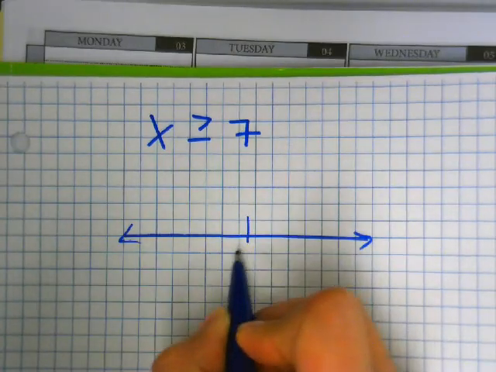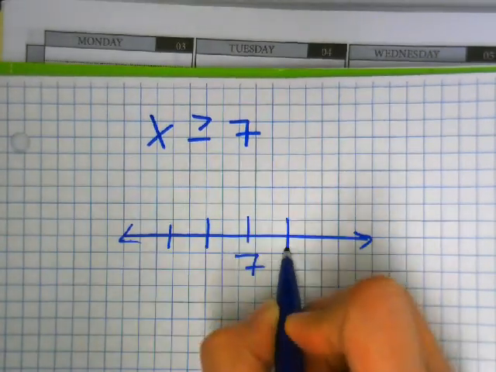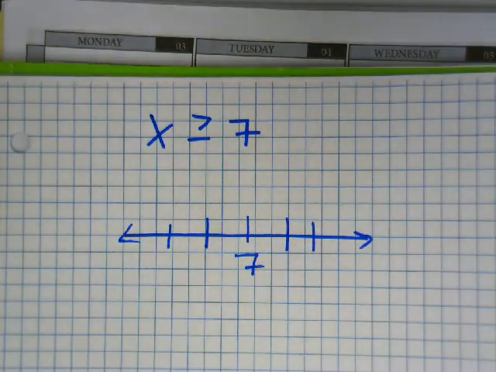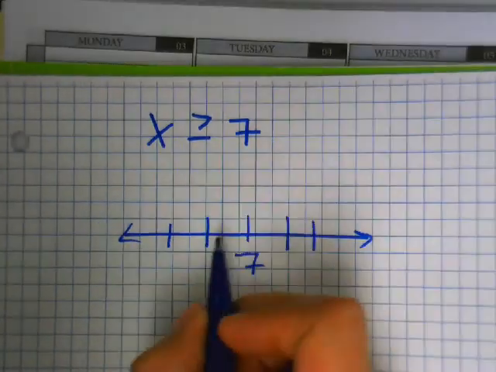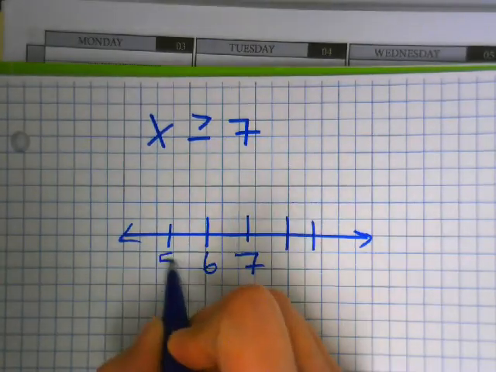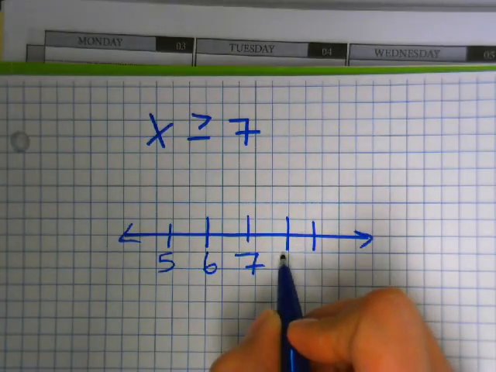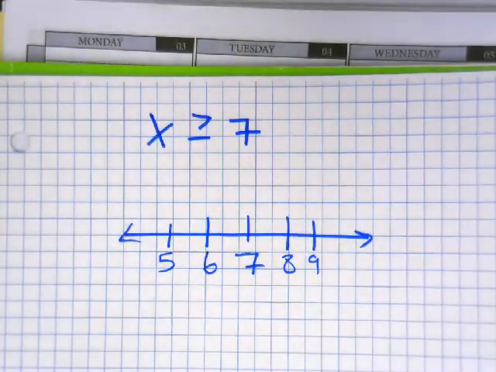Very good. 2 numbers below and 2 numbers above. Okay, what are my 2 numbers below? 6 and 5. And 2 numbers above? 8 and 9.